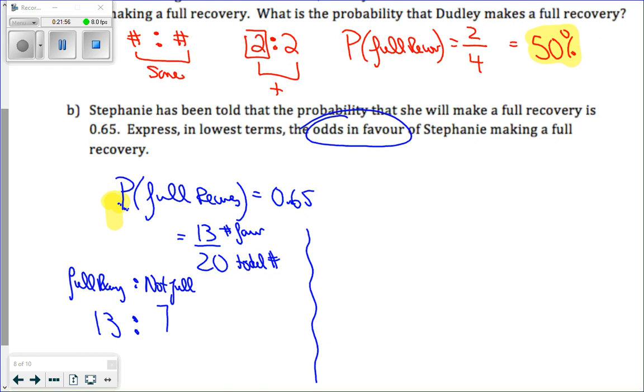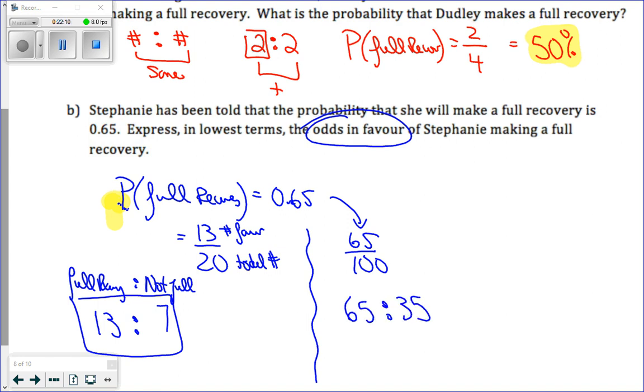So that's one option. You could leave this as 65 over 100, and then you would write 65 to 35. Right? Because 65 plus 35 is 100. But that is not reduced. See how it says here in lowest terms? What you would then do is just divide each of them by 5. And there you would get your 13 to 7.